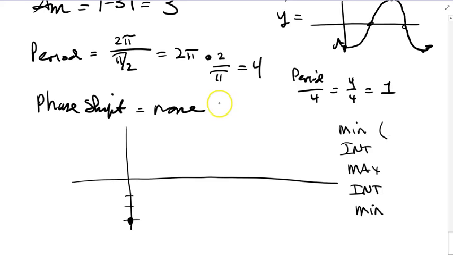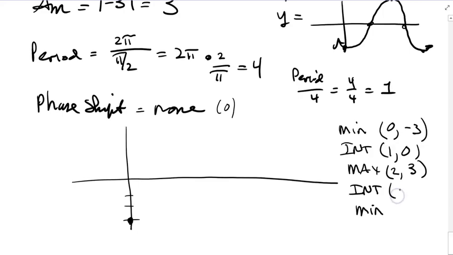Our phase shift is none, which means we remain at the beginning of the regular cycle for sine and cosine, which is 0. But this time we're going down to negative 3. Simply add 1, so that's 1, and then it's an intercept, 0. Your max, adding 1 again, is going to occur at 2, positive 3 for the amplitude, and then the intercept, 3, 0, and 4, negative 3.